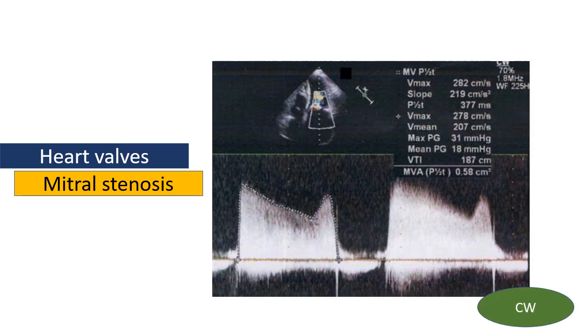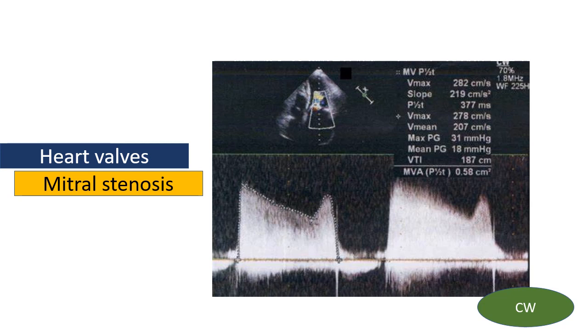Regarding the continuous wave, when we put the continuous wave Doppler line across the maximal flow of the mitral valve, you can see that there is a pretty good, well-identified envelope above the baseline because the turbulence occurs in the direction from the left atrium to the left ventricle, and so this is reflected above the baseline.